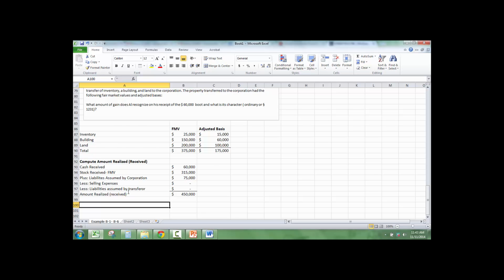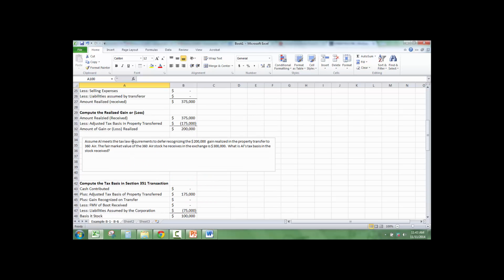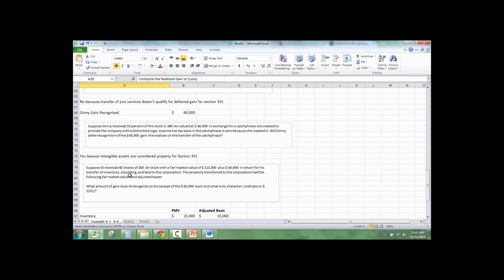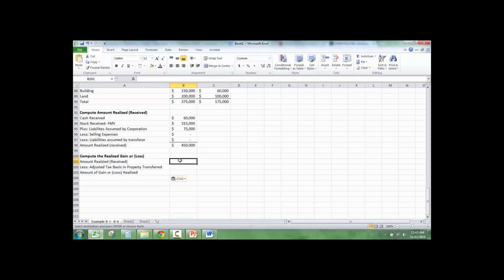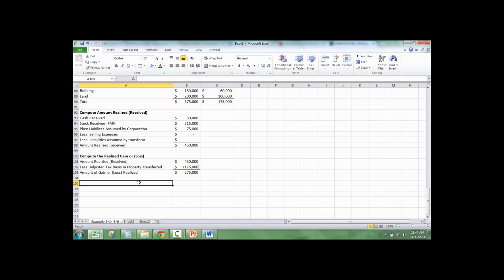To calculate the gain, we take the amount received less the adjusted basis in the property, so the amount of gain recognized will be the lesser of the amount of gain realized or boot received.